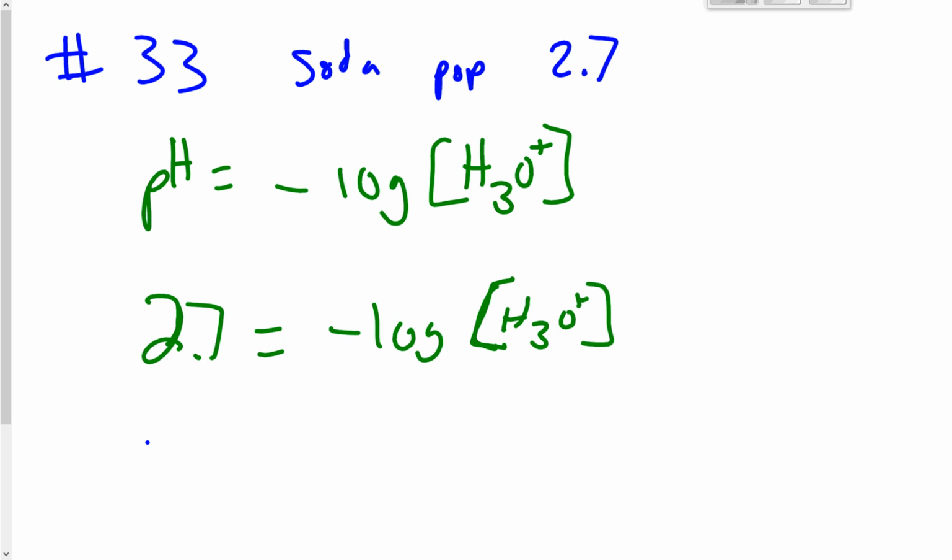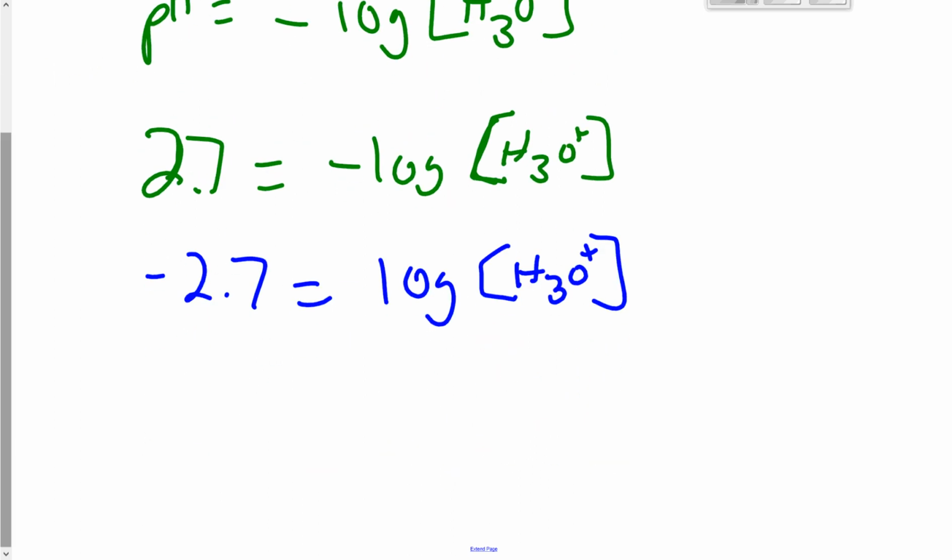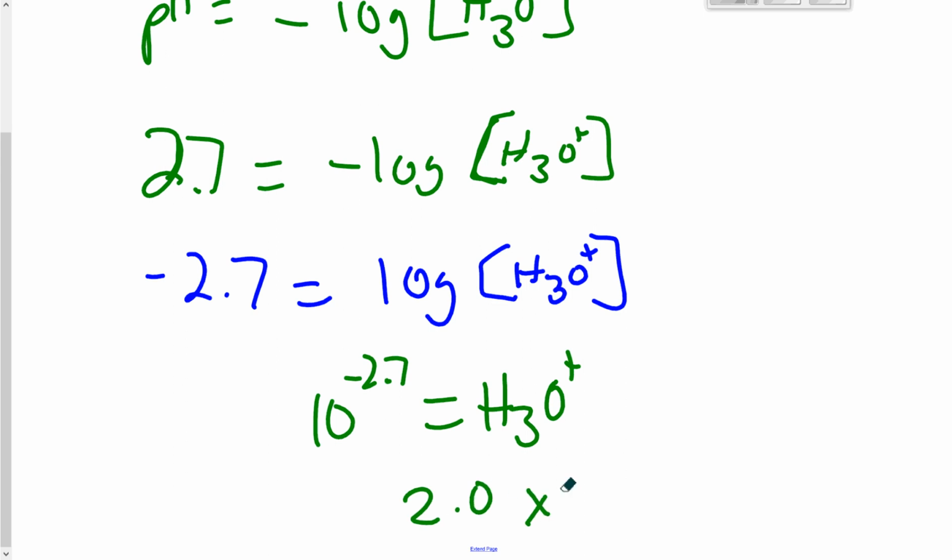And then we can multiply both sides by negative to get that log by itself. Now we can switch this to an exponential, right? Because that's what solving a log is. 10 raised to negative 2.7 is equal to the hydronium ion concentration. Okay, and then you can do that on your calculator, and we get 2.0 times 10 to the negative 3. Okay, so there's our answer for number 33.